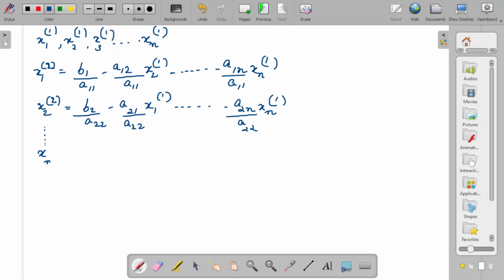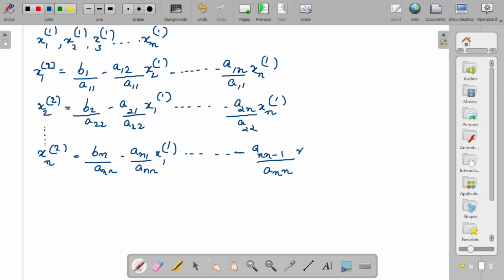Likewise, you can find the second approximate value for xn as bn by ann minus an1 by ann x1 first approximate, minus and so on up to an n minus 1 by ann x n minus 1 first approximation.